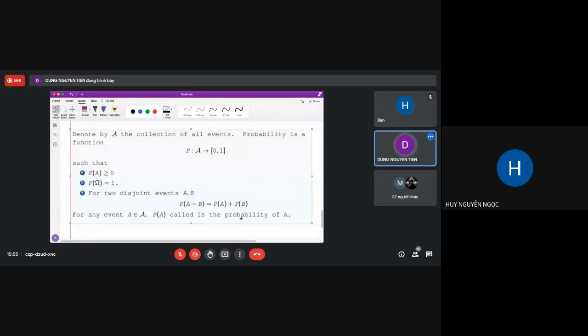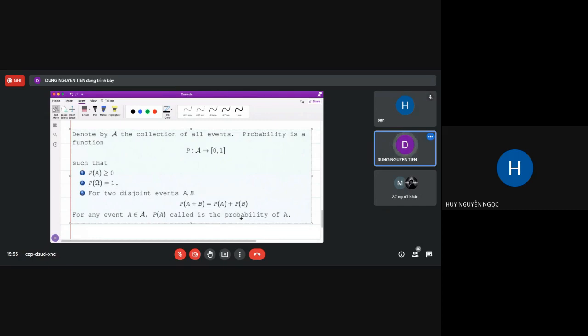For 2 disjoint events, A and B, which means that they don't occur at the same time, the probability of the sum A plus B is equal to the probability of A plus the probability of B. Okay, we admit it. We take it for granted.